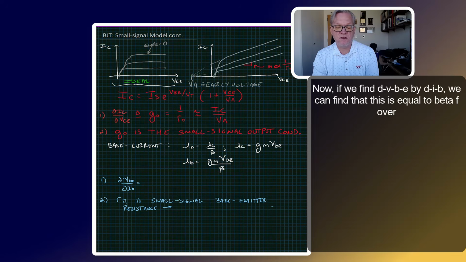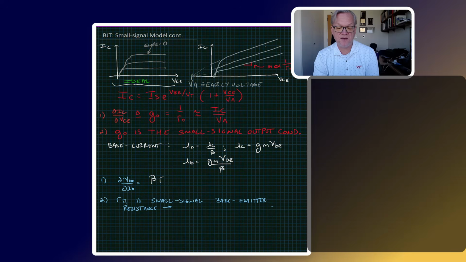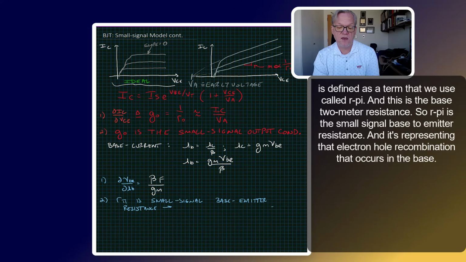Now if we find dVBE by dIB, we can find that this is equal to beta over GM, and this is defined as a term that we use called R pi, and this is the base to emitter resistance. So R pi is the small signal base to emitter resistance, and it's representing that electron hole recombination that occurs in the base.